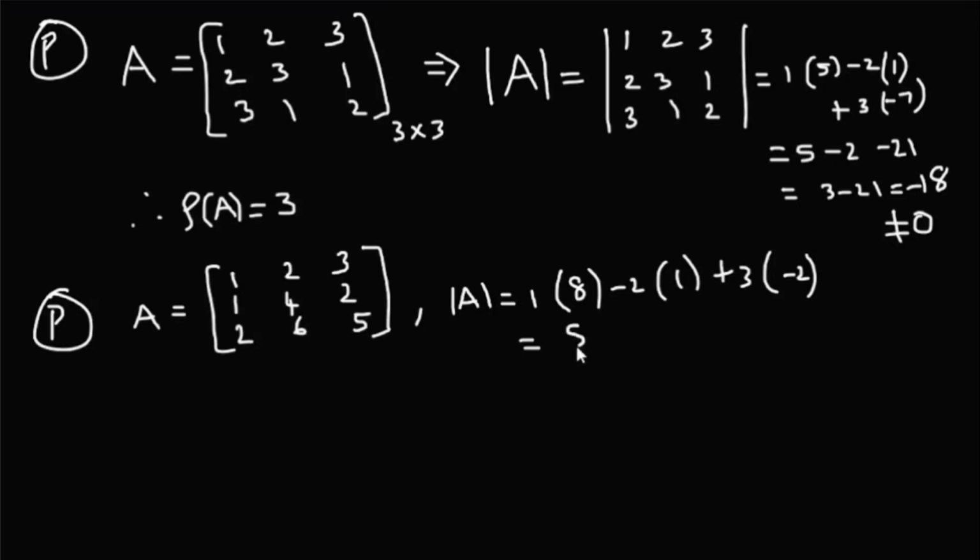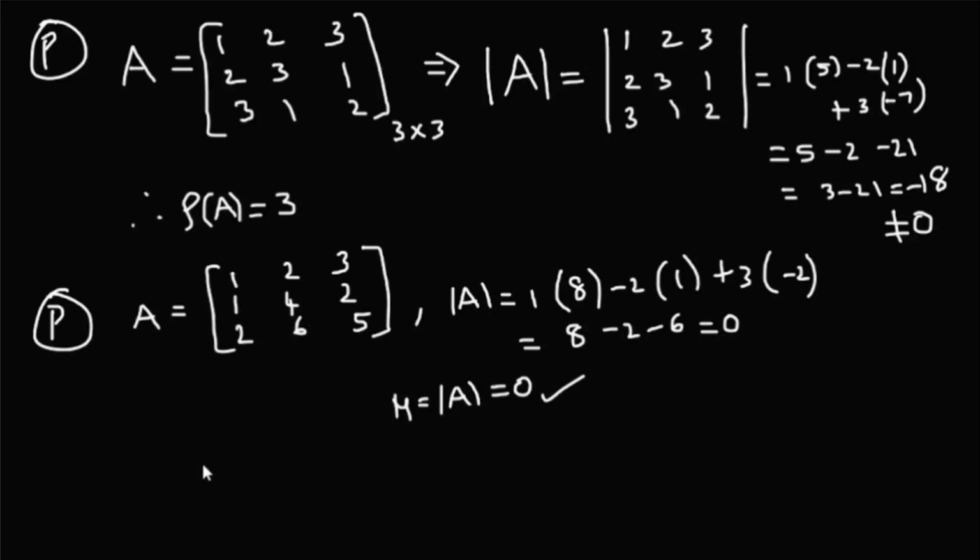It is 8 minus 2 minus 6 equal to 0. So because the determinant of the given matrix is 0, you cannot find a minor of order 3 by 3, right, which does not vanish. All minors of order 3 by 3 are zeros. All means what? You have only one here in this particular case. Okay. All minors of order 3 by 3 are 0.